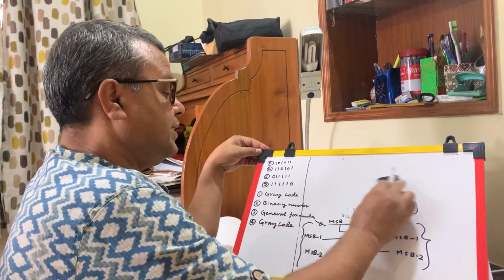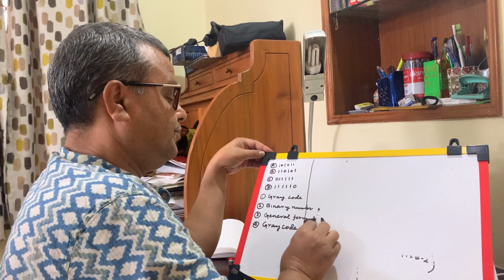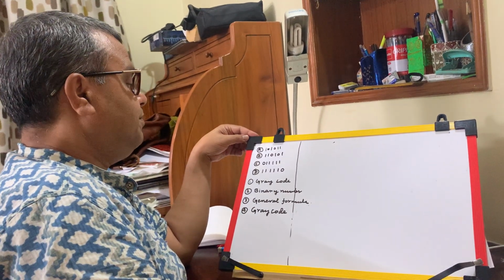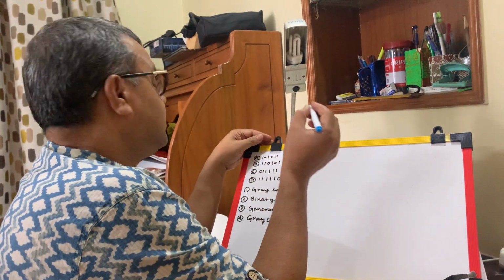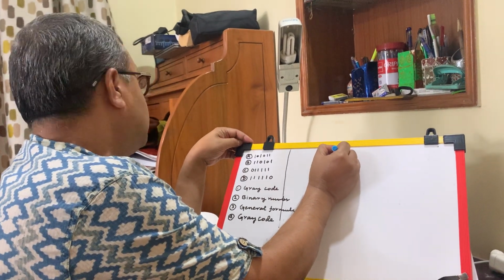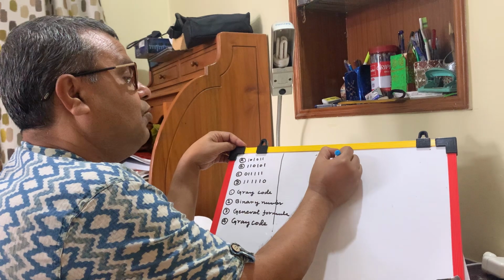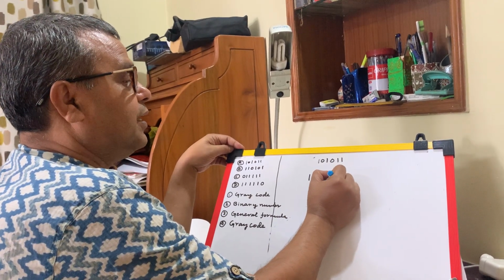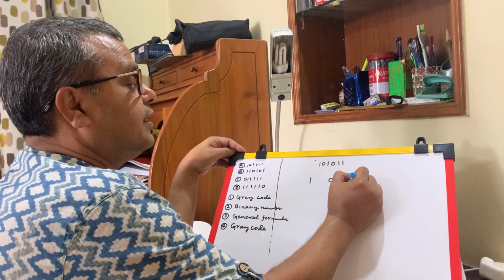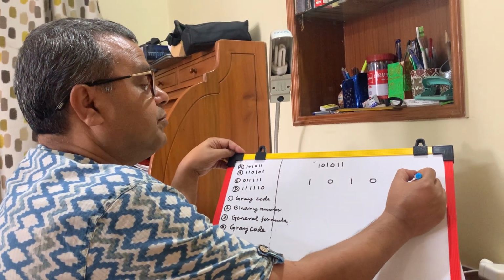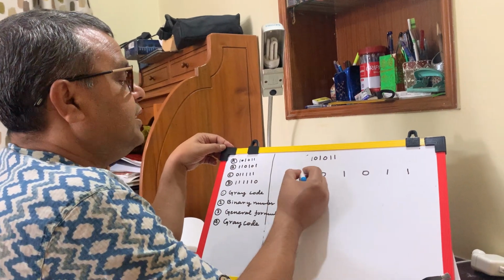Let me rub this. Now the input binary number was 101011. Let me write it a little bigger. So this is binary.